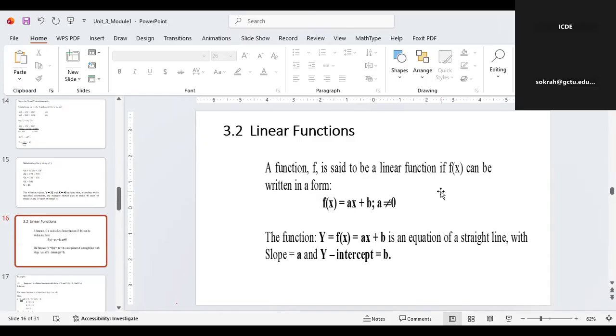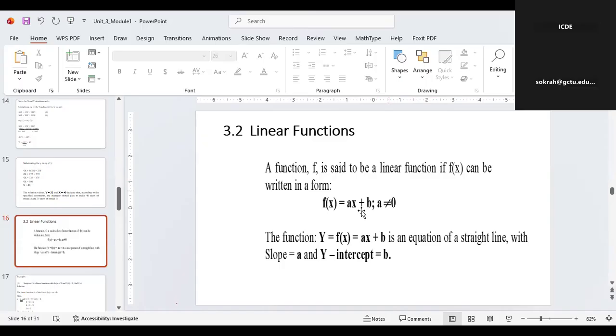Sorry, the point on the graph at which the straight line cuts the y-axis, not the x-axis. Anytime you see any straight line graph, the point at which that straight line cuts the y-axis is the b value. That is what we call the y-intercept, or the intercept on the y-axis.